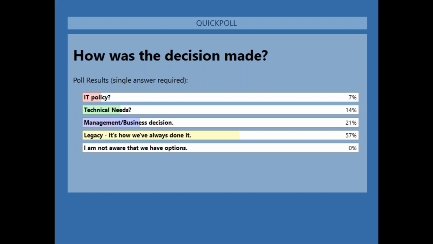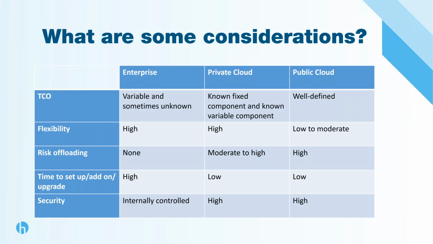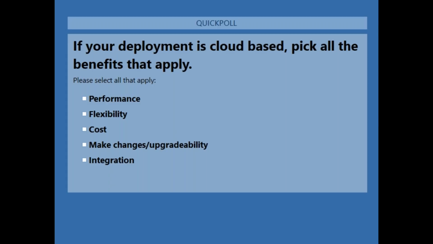I think the next two polls we're going to get into are for those that are in the cloud and those that are on-premise, trying to get to a benefits kind of conversation. So Iain, you can launch the next one. I can't remember if the next one is the cloud one or the on-prem. So this is cloud.